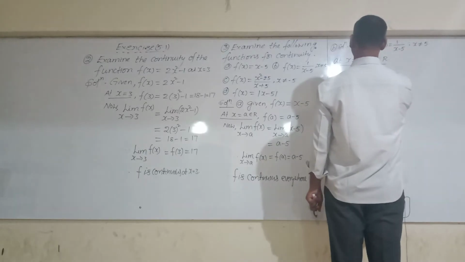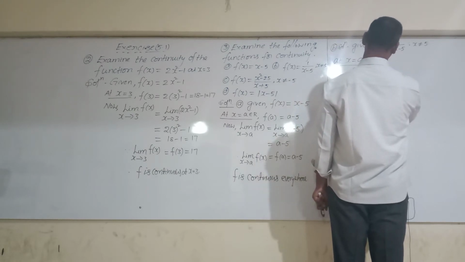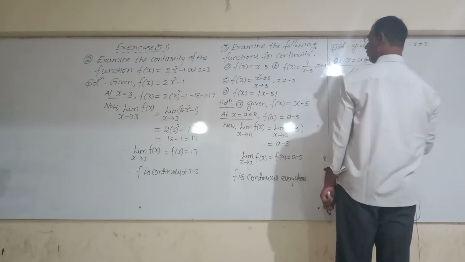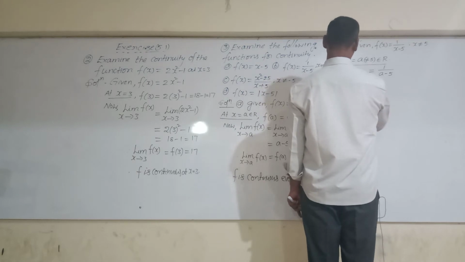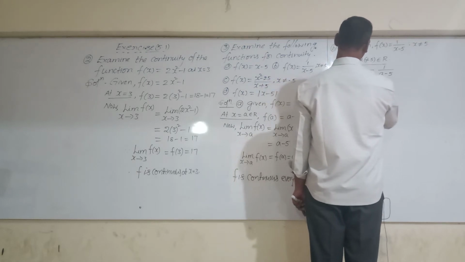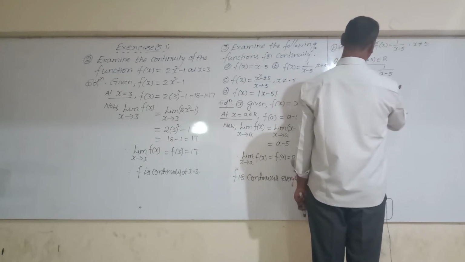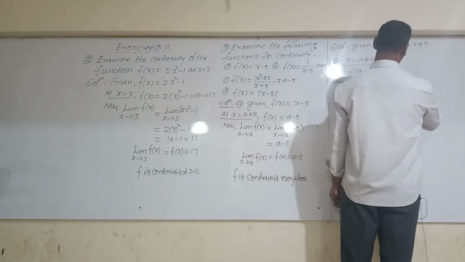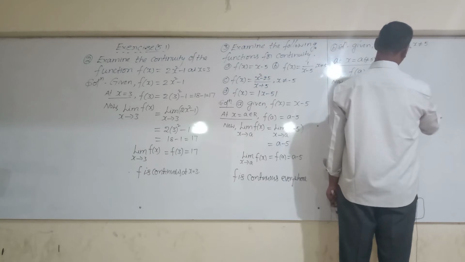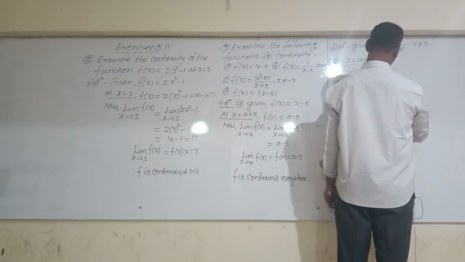So what is the value of f of a? F of a is equal to 1 upon a minus 5. Okay. Now check the limit here. What is the limit of f of x as x approaches a? This is equal to the limit of 1 upon x minus 5 as x approaches a, which is 1 divided by a minus 5.